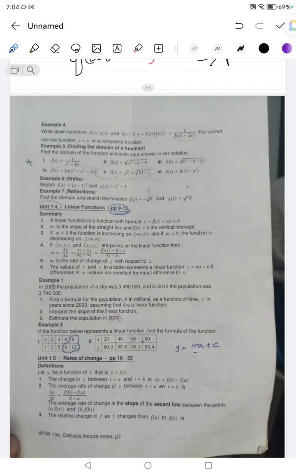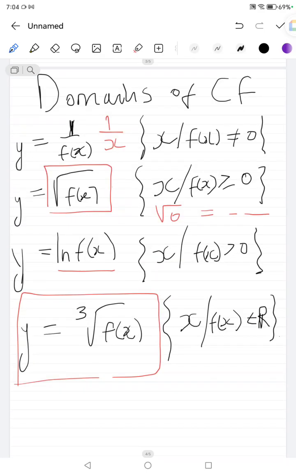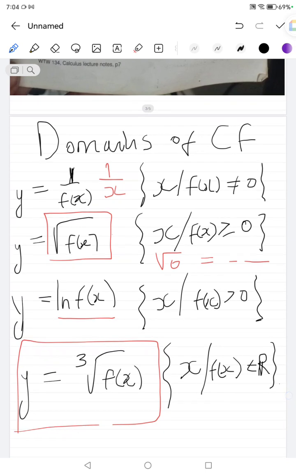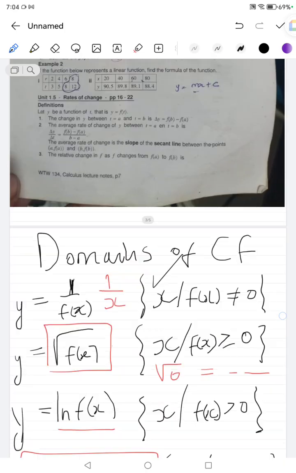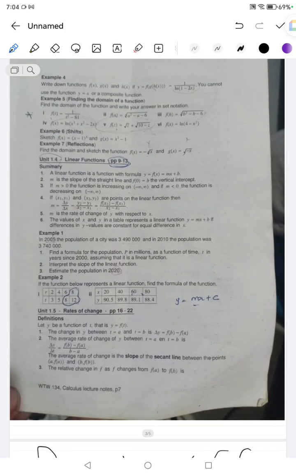Our first restriction that comes to mind is that whatever we do, we should not let the bottom part of our equation be equal to 0, because once we have 1 over 0, we're going to get something that's undefined.